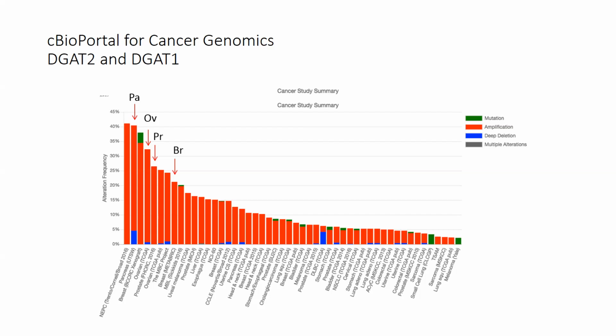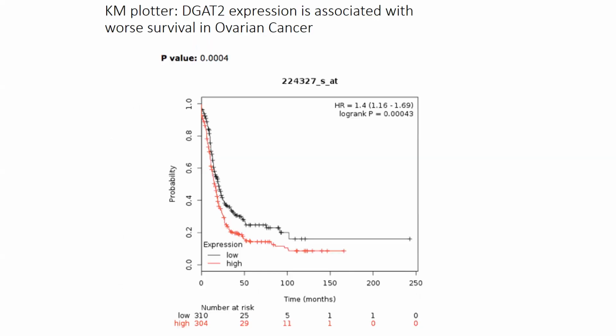But you can see in pancreatic, ovarian, prostate, and breast that they're highly amplified. So we were interested in what's the implication of this amplification. Is that indicating that in cancer these enzymes are working, and what are they doing? And also when we looked at KM plotter to see survival, we find that patients who have high expression of DGAT have a worse survival.